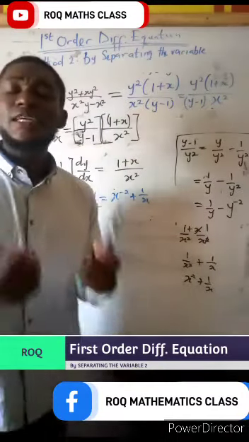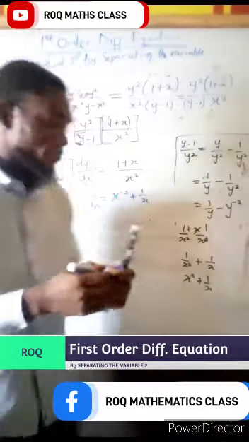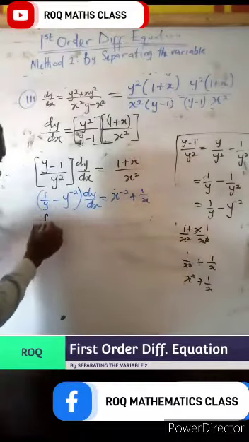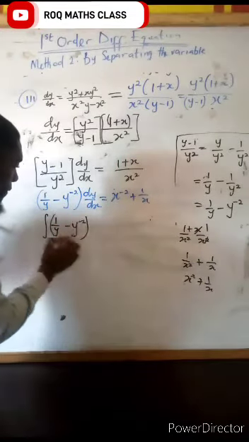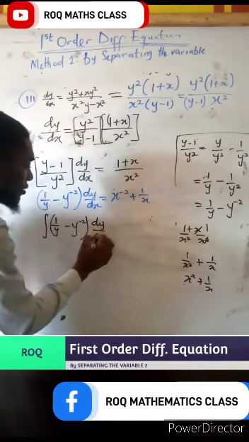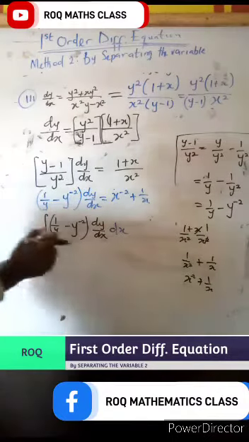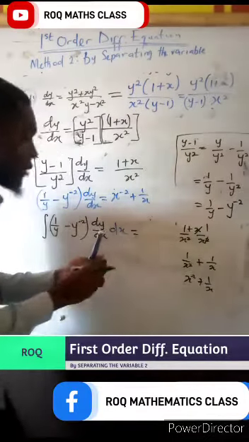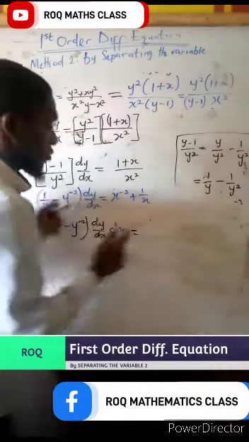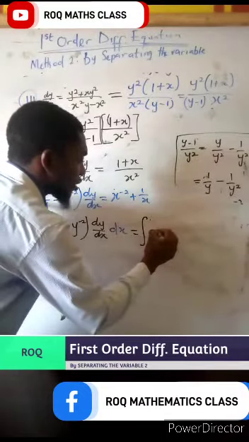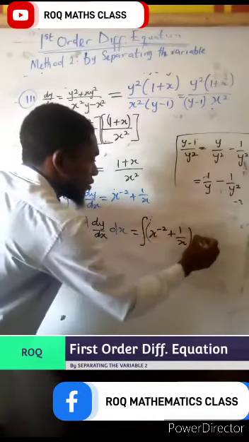Good. Then the next step is to integrate both sides with respect to x. If I integrate this, dy over dx with respect to x, dx is equal to the integral of x raised to the power of minus 2 plus 1 over x dx.